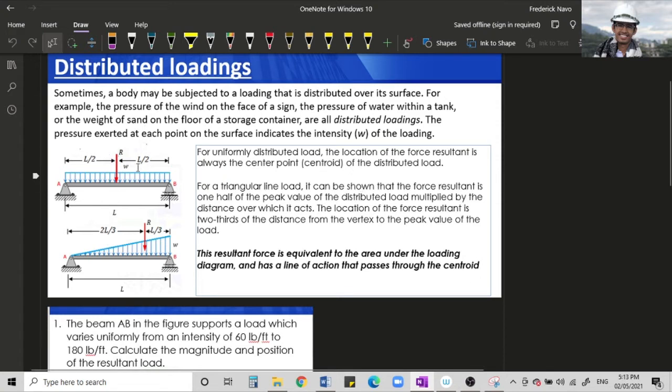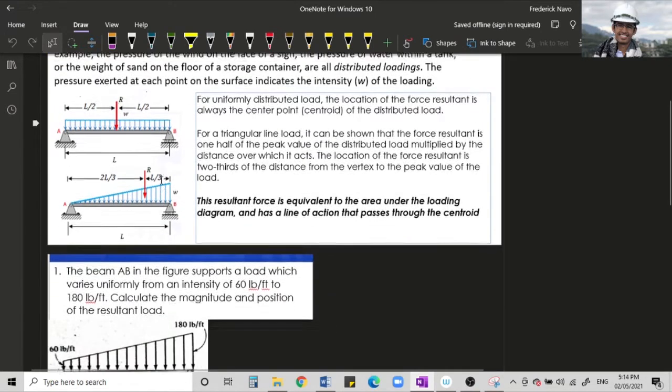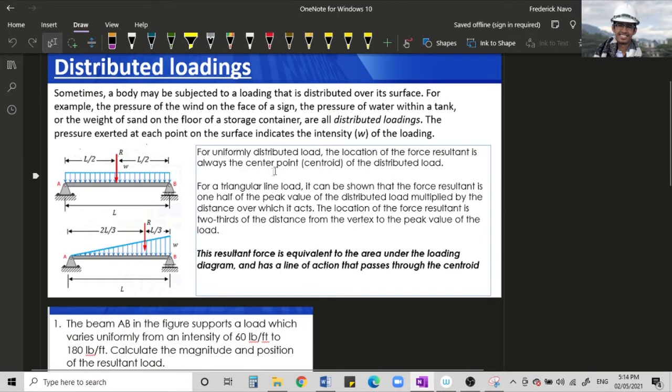Okay, so we have a body here subjected to a uniformly distributed loading. So meron tayong dalawang case na example dito. So for uniform distributed load, yung resultant ng forces niya is always acting at the center. Okay? Doon sa centroid ng ating body. Okay?